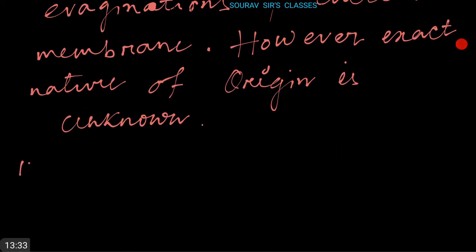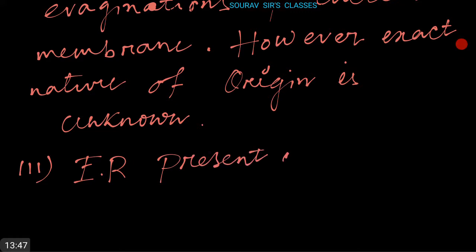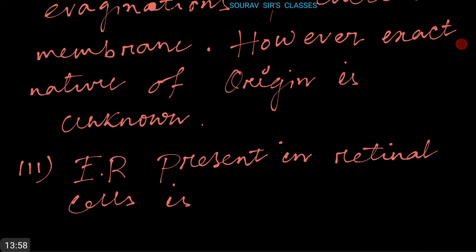Next point is, endoplasmic reticulum that is present in retinal cells is called myeloid bodies.